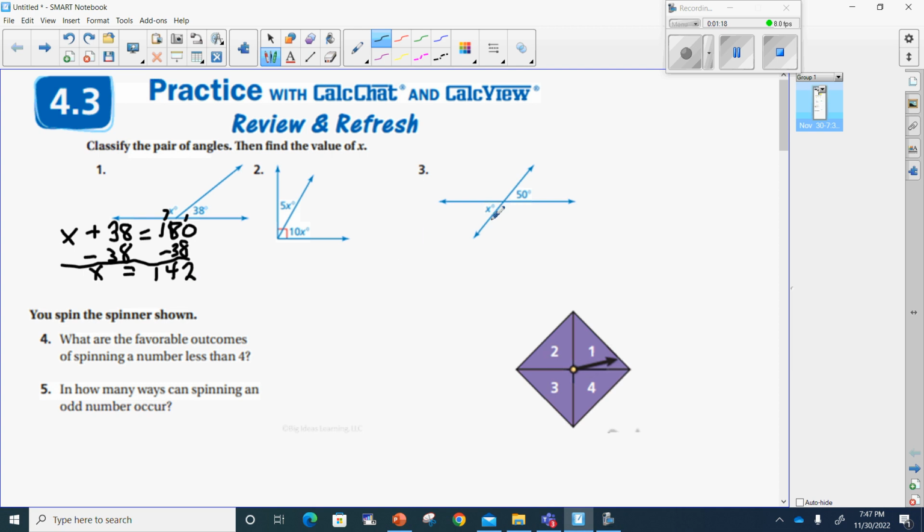All right, let's go to number 3. We know that these are vertical angles. I guess the first one we needed to put was classify the pair of angles. This was supplementary angles. All right, and then if I'm classifying these angles, they are definitely vertical angles.